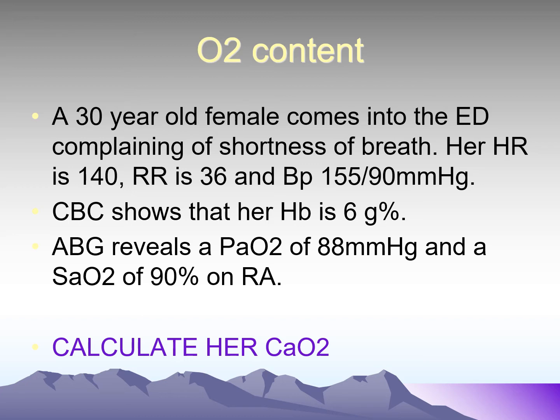Remember, you're going to take your 6, multiply that by 1.34 times 0.9, that's the part bound to hemoglobin. You're going to do that part by itself. Then you're going to add that to 88, because that's your PaO2, times 0.003.